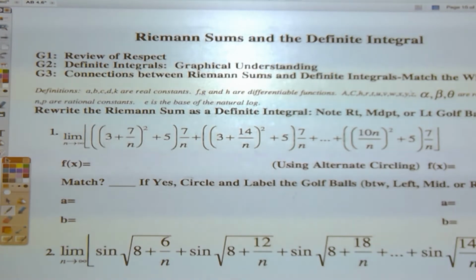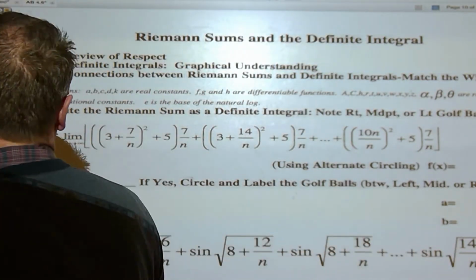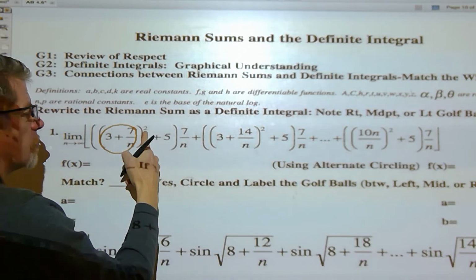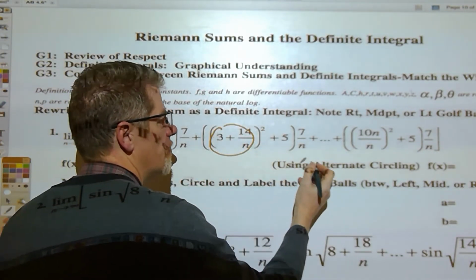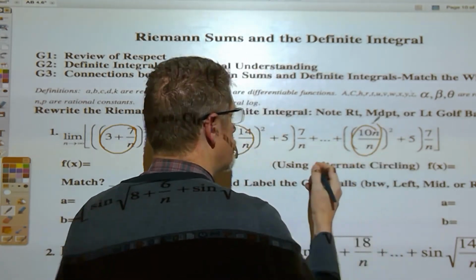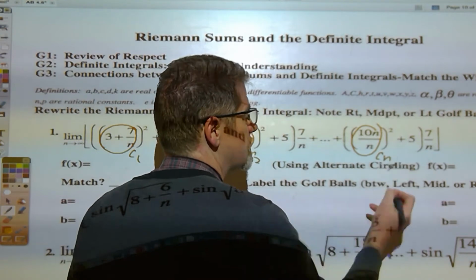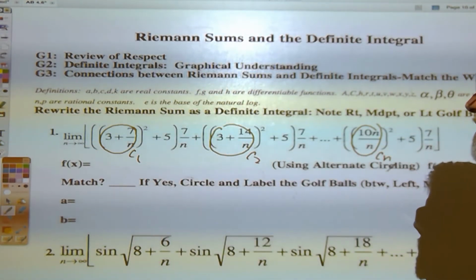And it seems to me that one way to circle it is that it's golf ball squared plus 5, golf ball squared plus 5, and then golf ball squared plus 5. So this would be C1, C2, and C sub n. Now, we might have to doctor and counterbalance this. Let's find out.